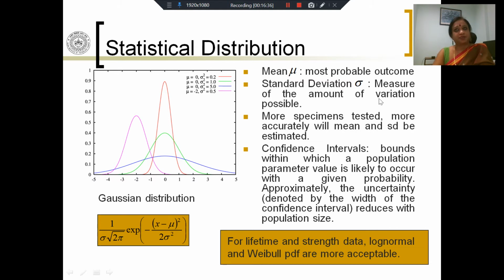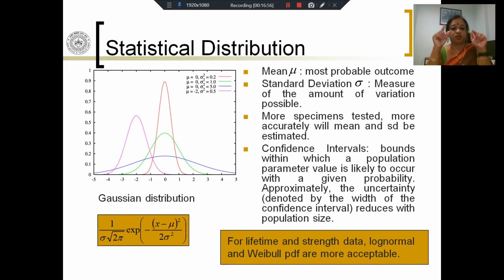The more specimens tested, the more reliable your distribution will be, and the more accurately the mean or the standard deviation will be estimated. We've also talked about confidence intervals, which give us the bounds within which a population parameter value is likely to occur with a given probability.